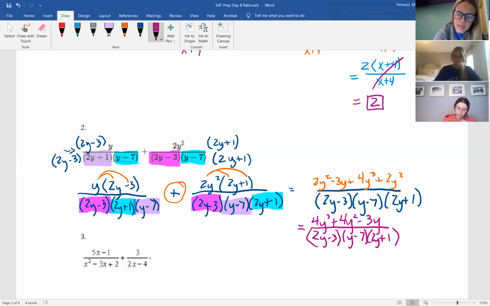So factoring out the top, we have a y that can be factored out. Then we get 4y squared plus 4y minus 3 all over this big denominator.